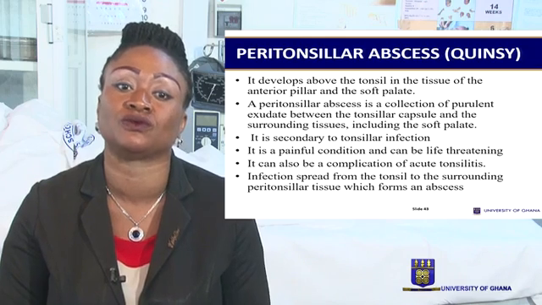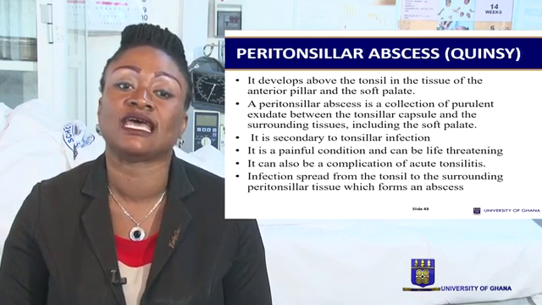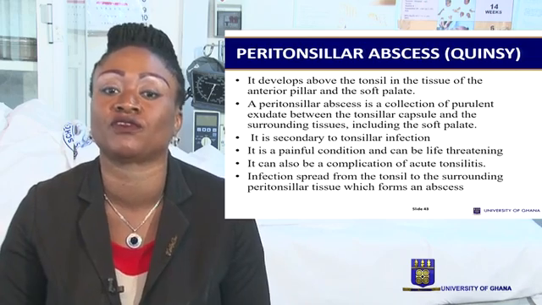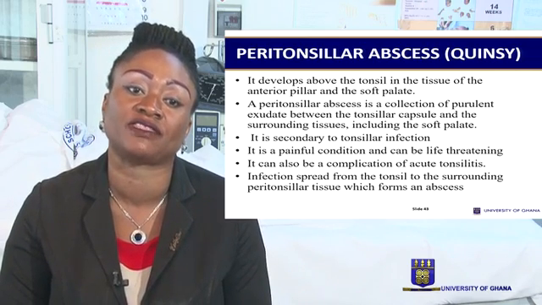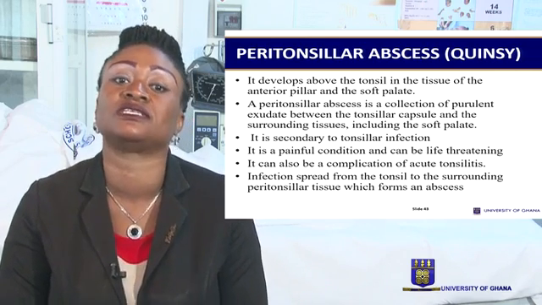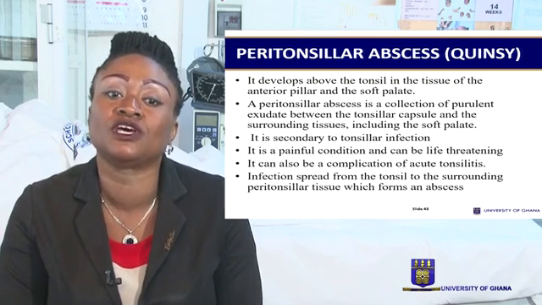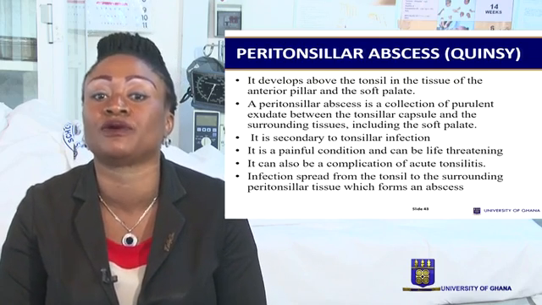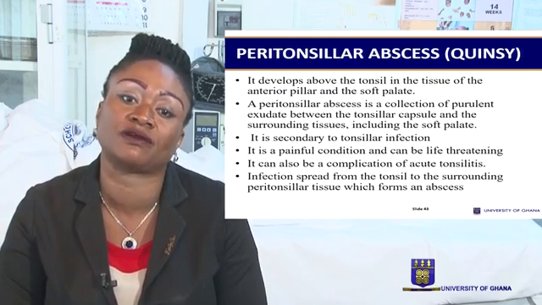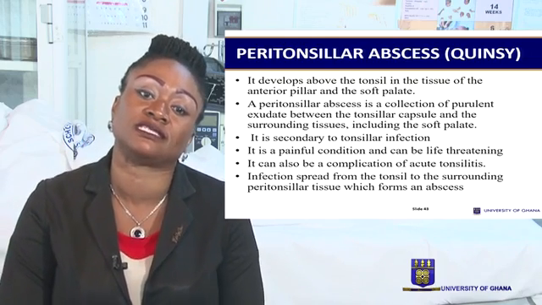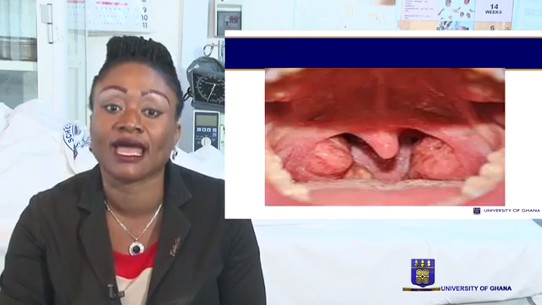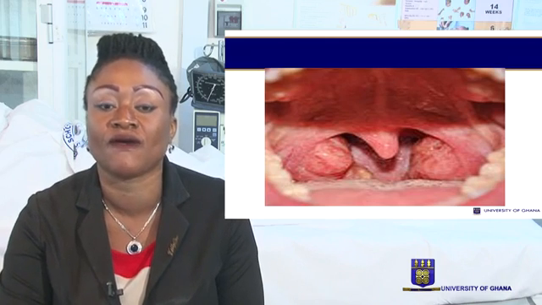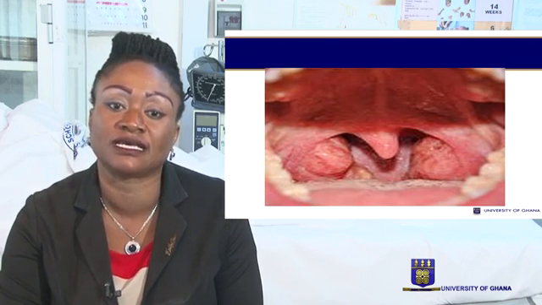It is secondary to tonsillar infection, is a painful condition, and can be life-threatening. It is also seen as a complication of acute tonsillitis. The infection spreads from the tonsils to the surrounding peritonsillar tissue, forming the abscess.